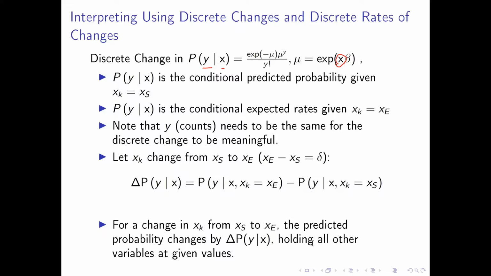So we just measure the difference in a generic variable xk. We're not supposed to vary the values of multiple covariates because otherwise such comparison is not going to be that meaningful. And then we measure the difference in the predicted probabilities for the same count, given these two different x vectors.